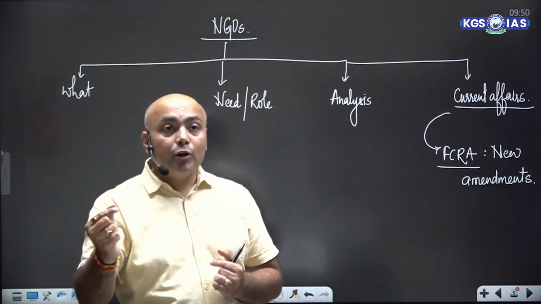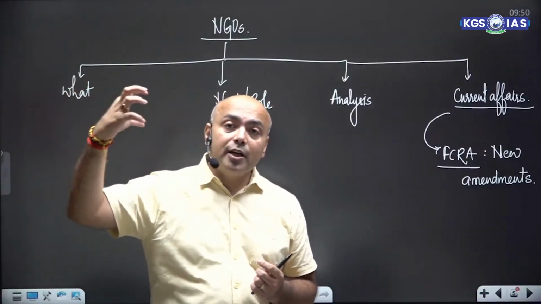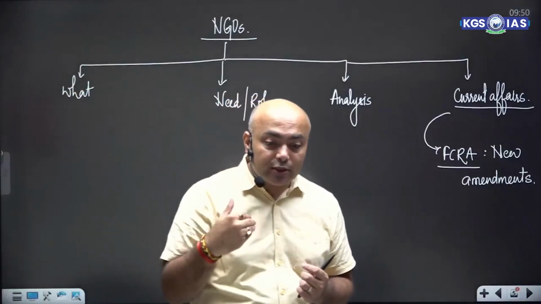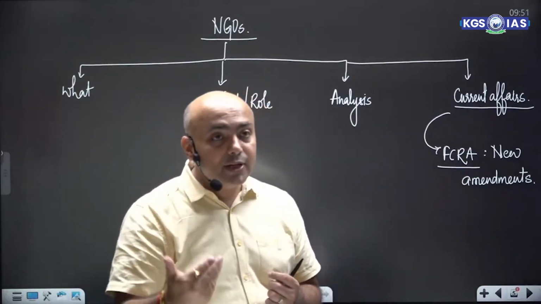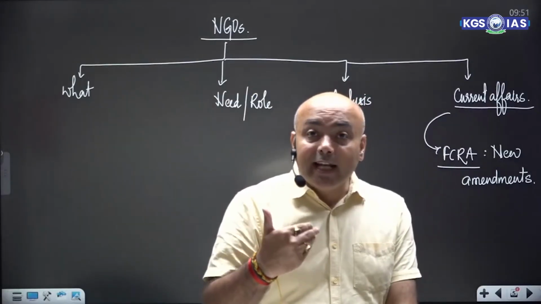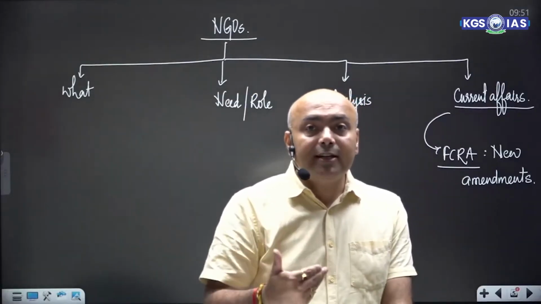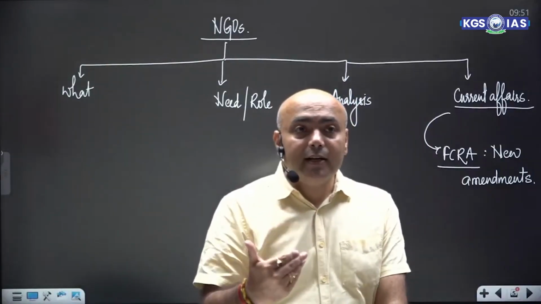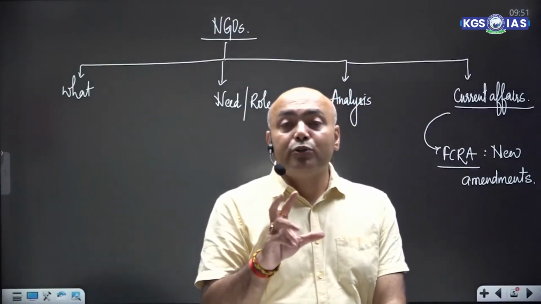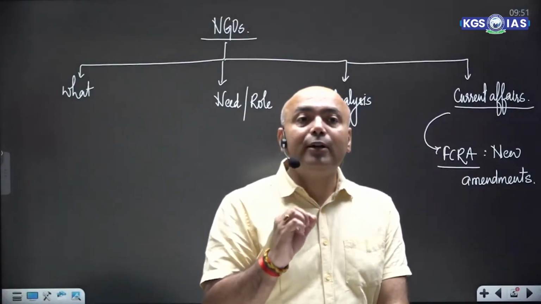A lot of times, there are foreign institutions which influence how the NGOs are functioning in India, and they try to influence the governance process in India. Now, the government wants to come up with measures to not allow that to happen.